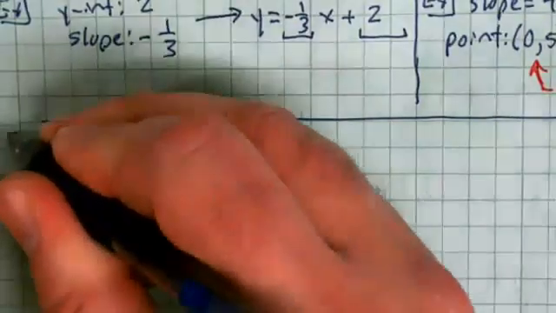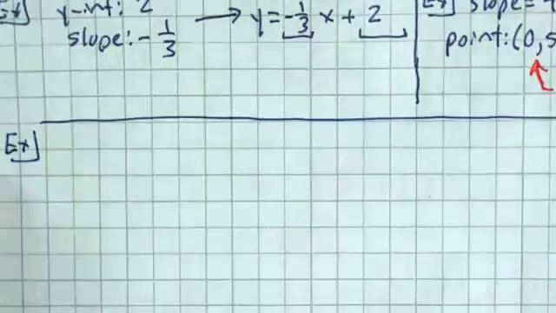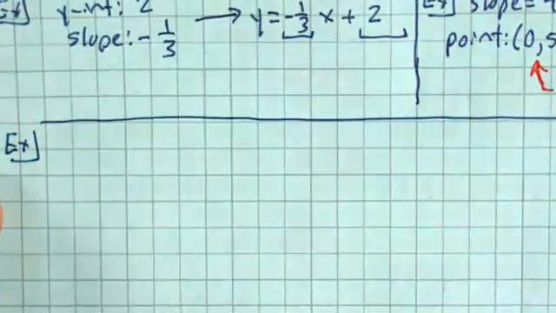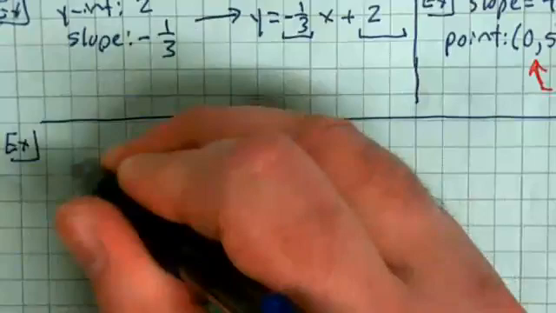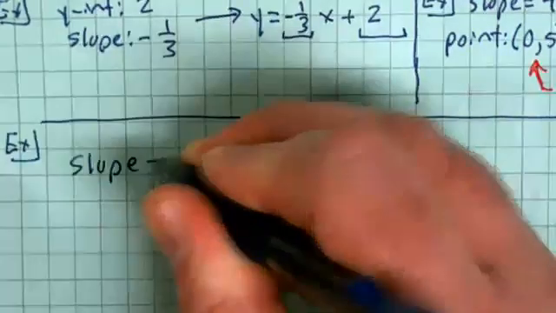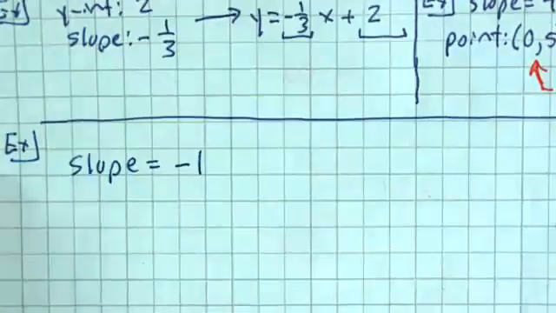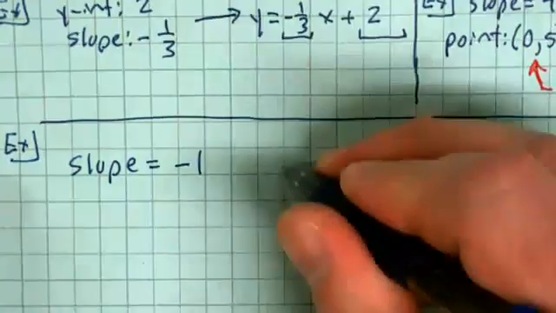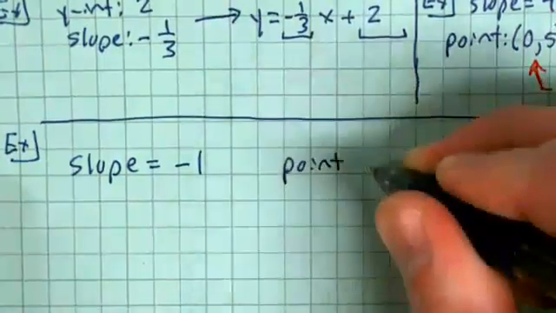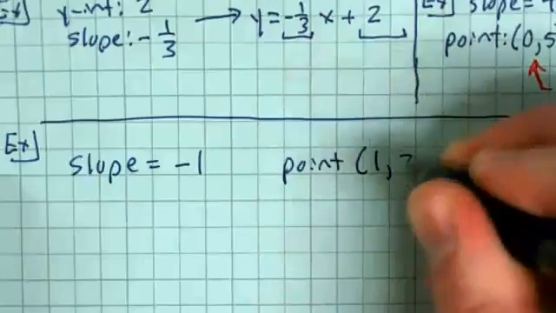All right, so here's our next example. I've got a slope of -1 and a point 1, comma 2.